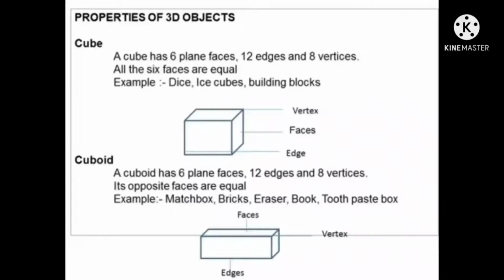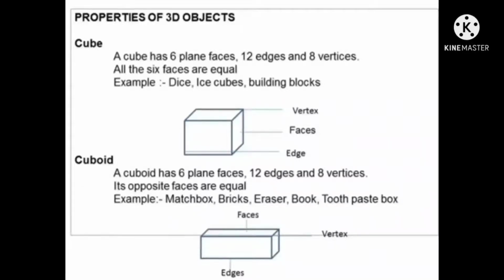Edges means nothing but sides, so it has 12 sides. All the 6 faces are equal. How? Because square is the basic shape of a cube, and in a square all sides are equal. So all the 6 faces are equal. Now you got it.